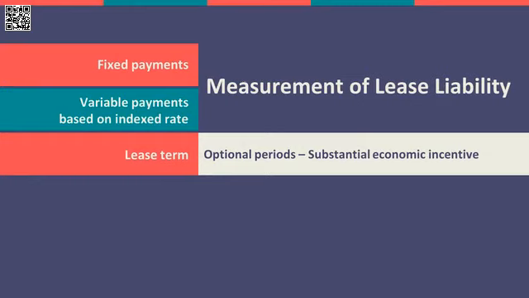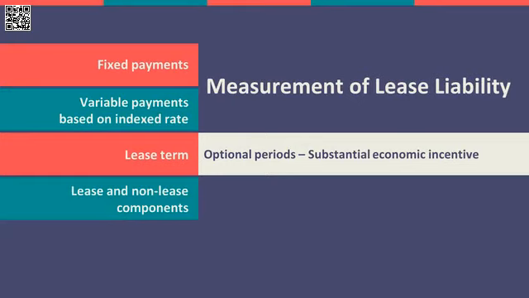Now, another issue that could arise could be to do with lease and non-lease components. Let's imagine, for example, that we were actually leasing an aircraft. Now, when you lease an aircraft, the money that you pay each month does two things. Part of it pays for the actual lease of the asset, but the other part of it could be paying for the servicing of that asset.